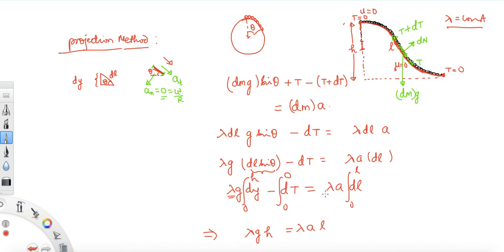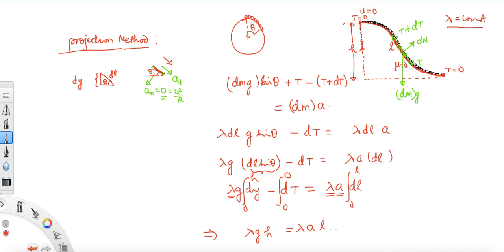Please note that lambda is constant, and the acceleration of the chain at the initial moment is also constant, because the tangential acceleration, the rate of change of speed, is the same for all the elements. That's why I have taken a out of the integration at the initial moment.